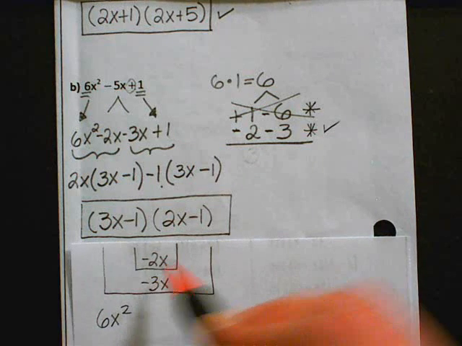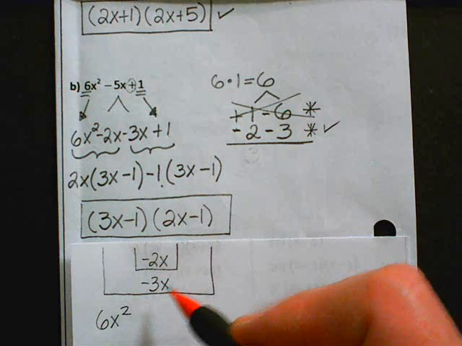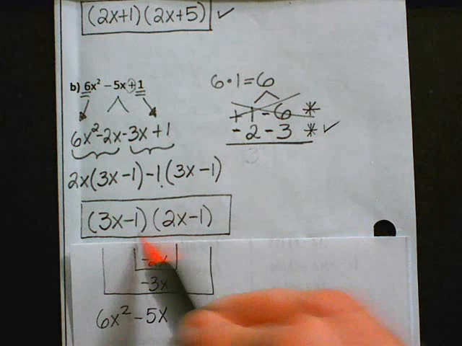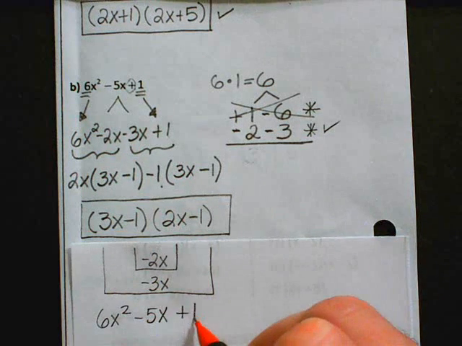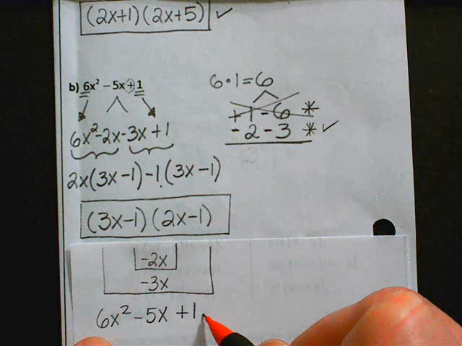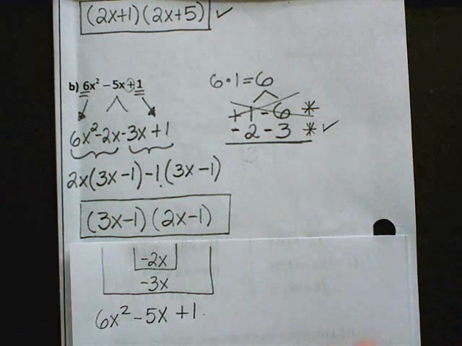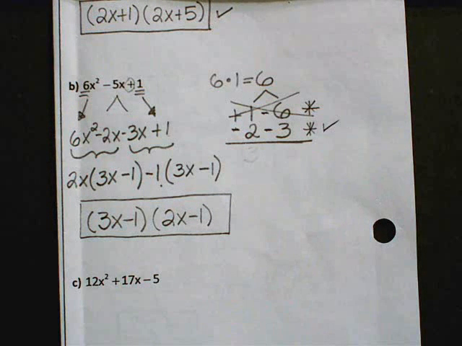The inner number gives me negative 2x. And when I combine these two together, I'll get negative 5x. And then I'll do last times last, which is positive 1. And does that match my original problem? Yes, it does. So that's confirmation that my answer is correct.